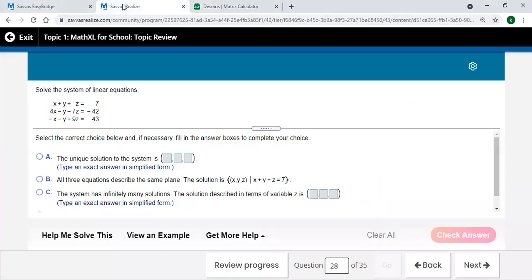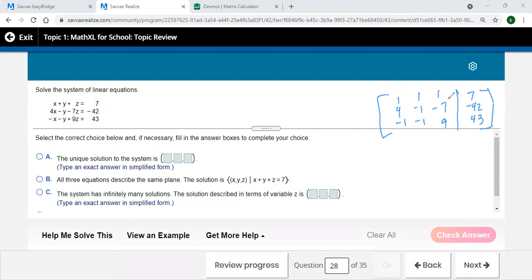All right, I've got to write this matrix back out. So let me get that back. So it was 1, 4, negative 1, 1, negative 1, negative 1, 1, negative 7, 9, the line to separate for the equal signs, and the 7, negative 42, and 43.